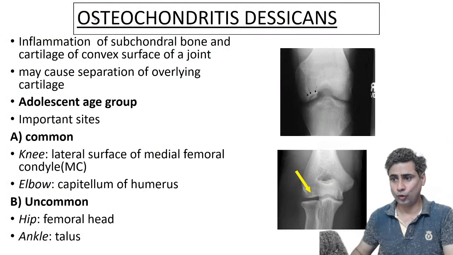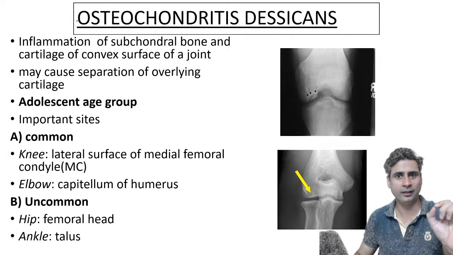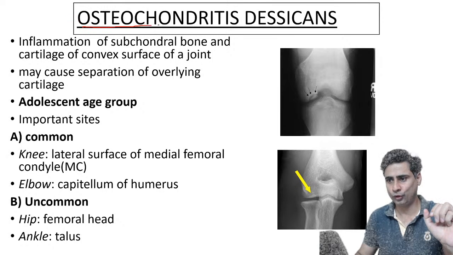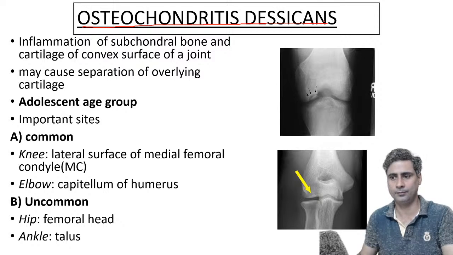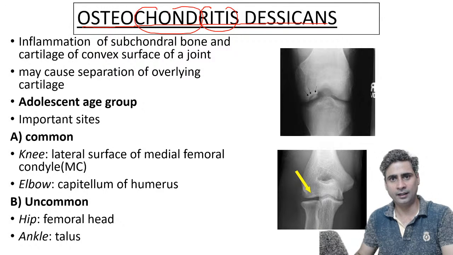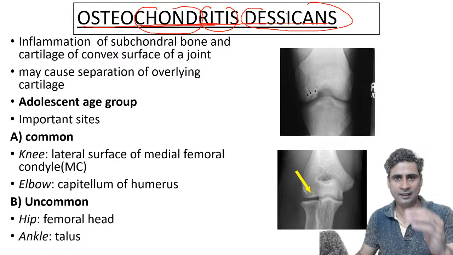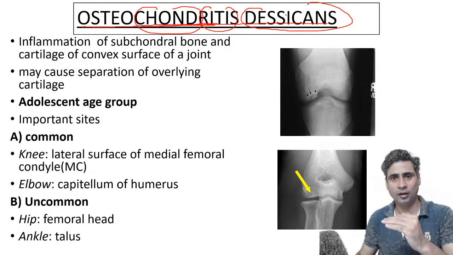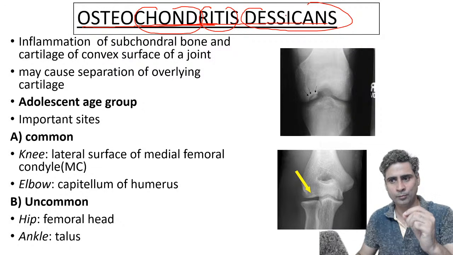Now this is the next short note which you will get in your university exam, osteochondritis dissecans. So here, as the name suggests, itis, inflammation, chondro, cartilage, inflammation of articular cartilage, dissecans, which leads to dryness of that cartilage, and it leads to separation of that cartilage from the subchondral bone.